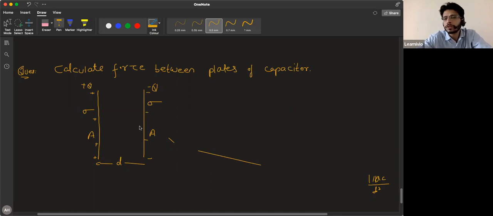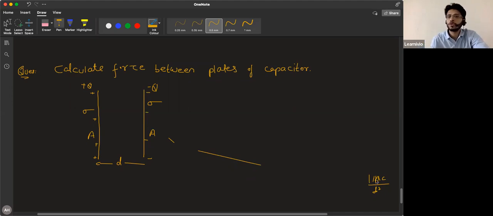If Coulomb's law is not valid, then how will you calculate force between them? You can't use the relation KQQ by D square. Yashika: Sir, Q into E. Q into E, perfect.